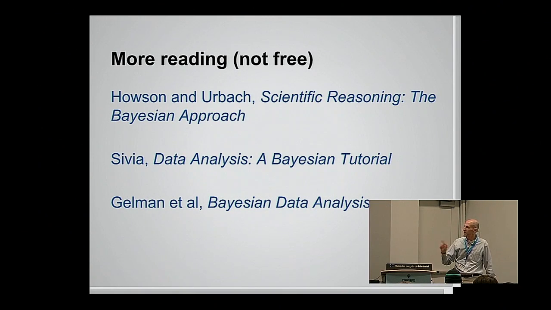Sivia's book is a nice source of problems. He takes the analytic approach, so it's not the computational version. If you get to that point where you want to really do the math, that's a good next stop. I stole the paintball problem from him. In his version, it's the lighthouse problem, but I turned it into the paintball problem. And Andrew Gelman's book is also very good, also the mathematical approach.